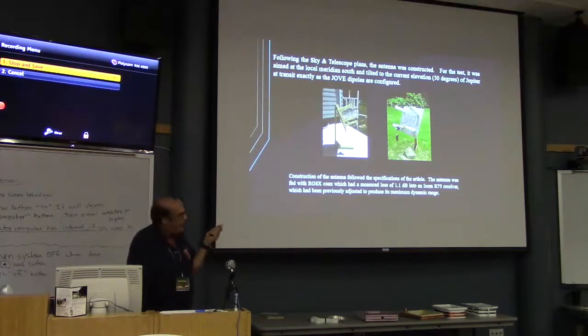This was connected back to my control room with a run of RG8X coax, which I lab measured at 1.1 dB loss. So there was virtually no loss between it and the receiver.